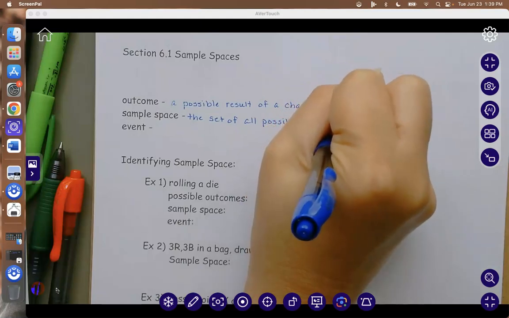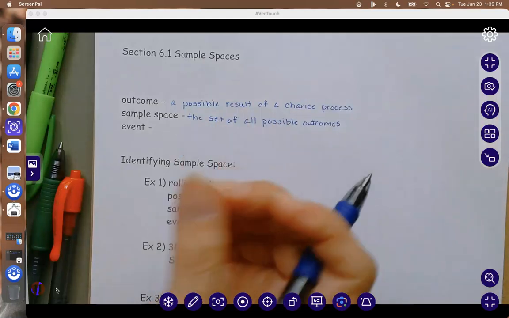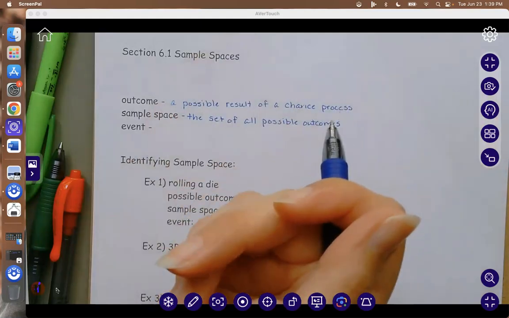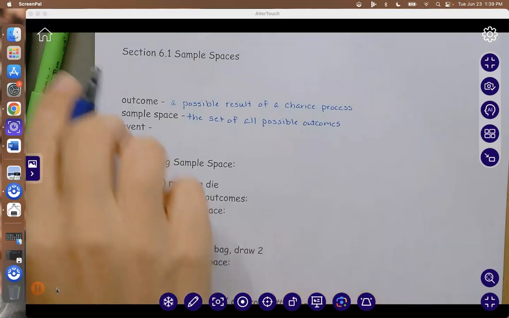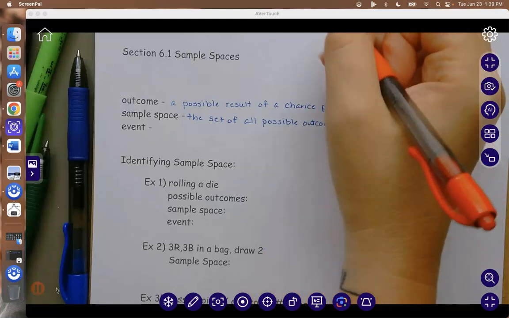Okay, so if I roll a die, die is singular. You usually have a pair of dice, but a 1 is a die. So if I roll a die, I could get 1, 2, 3, 4, 5, 6. Okay, that's my sample space.